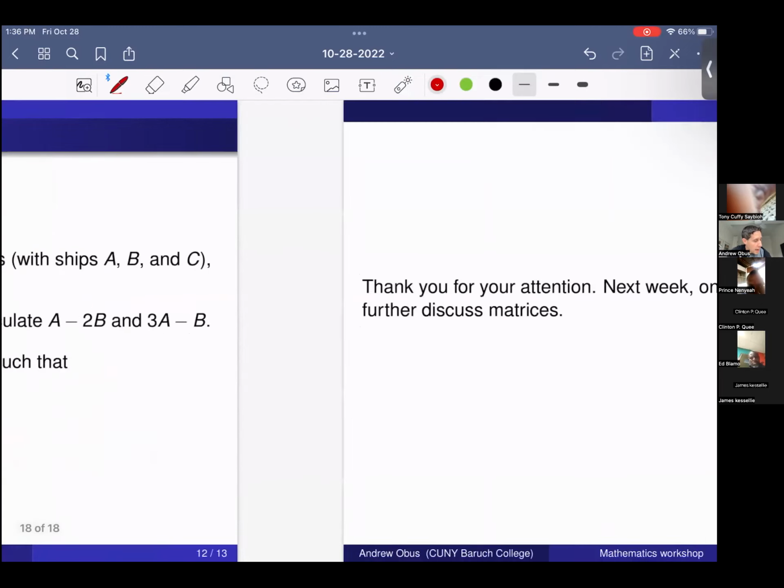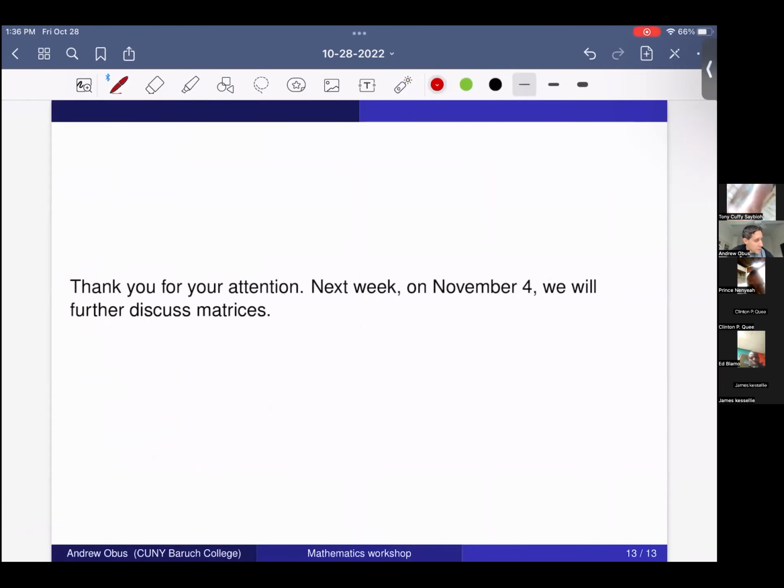Next time, we're going to further discuss matrices. In particular, we're going to talk about the matrix product, matrix inverse, and matrix transpose.